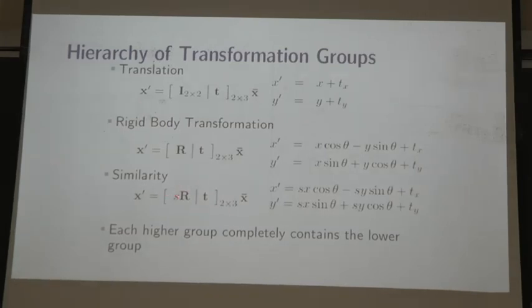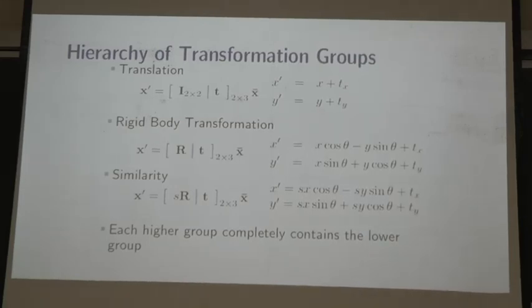Okay? So let's talk about the next one, which we call a similarity. A similarity is a scale factor multiplied by the rotation, but it's one scale factor. One scalar multiplied by the rotation, concatenated with the translation. So notice I have Sx here, Sy here, Sx here, Sy here. Okay? It's just scale. Which means what?